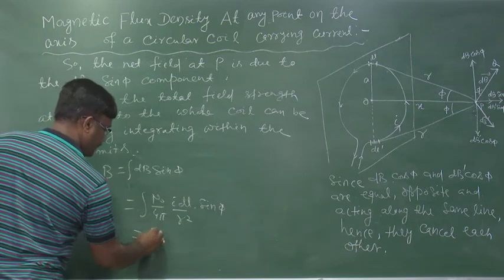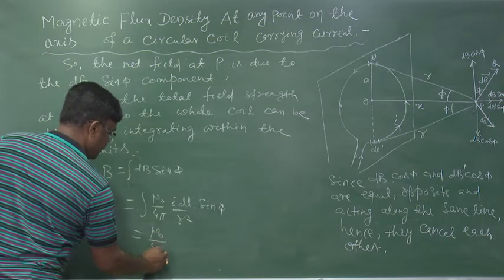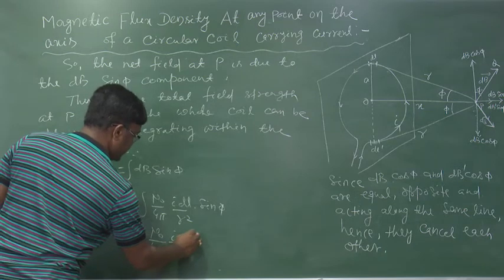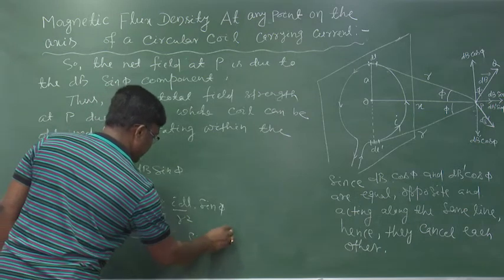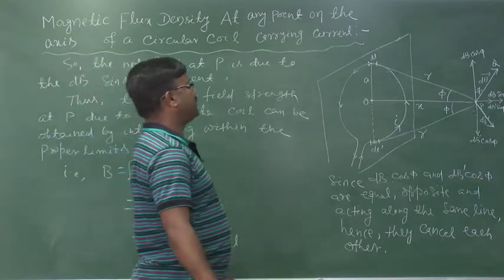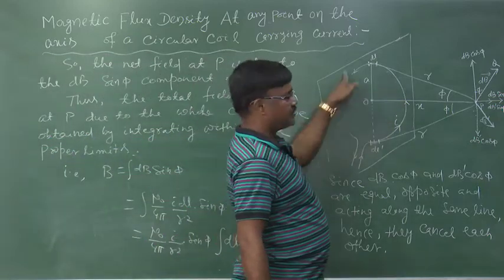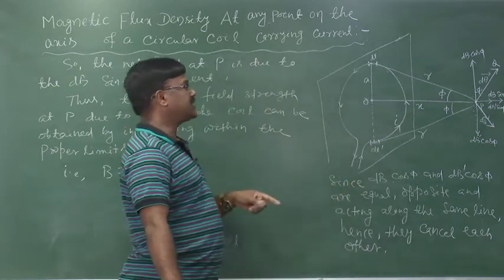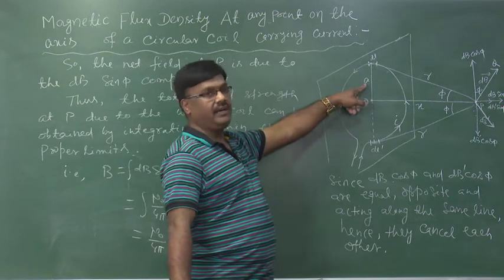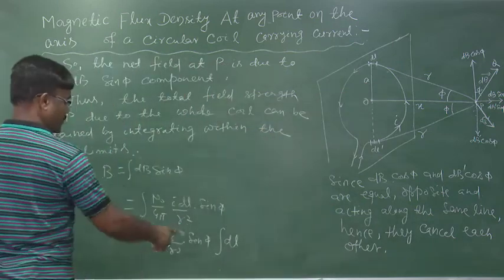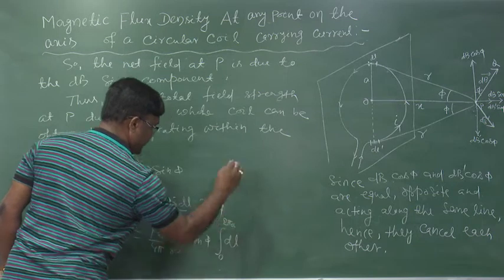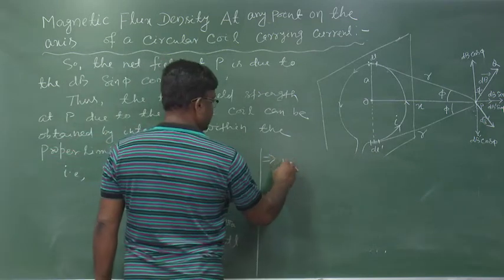So, it will be mu 0 by 4 pi I by r square into sin phi, integration of dl. And the limit of integration for dl will be how much? The total circumference. And the total circumference will be 2 pi a, as we have taken a as the radius of the circular coil. So, the limit of integration will be from 0 to 2 pi a.